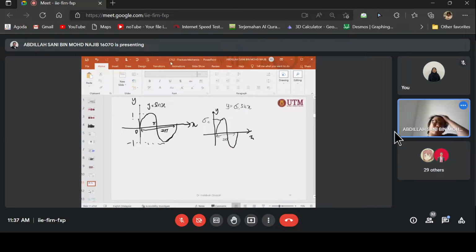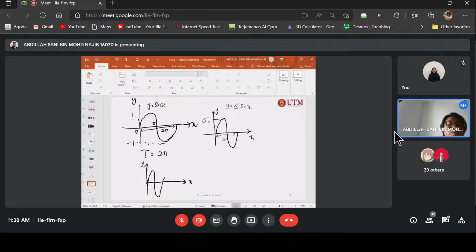If you change that period, for example, let's say to 1 pi, on x and y, the period is not 2 pi.